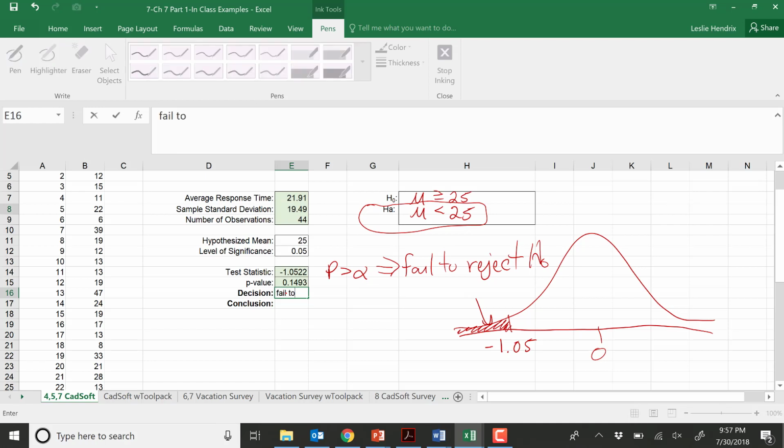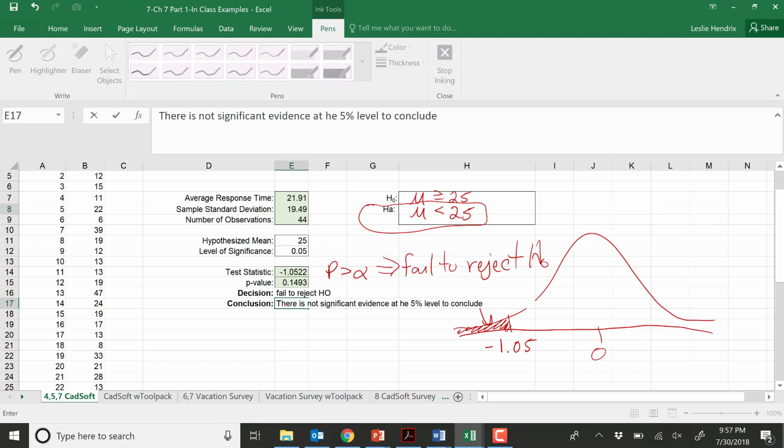So fail to reject the null hypothesis. And then what's the conclusion? The conclusion is in terms of the alternative hypothesis. So if we don't reject the null, then we don't find for the alternative. So we're going to say there is not significant evidence at the 5% level to conclude the alternative.